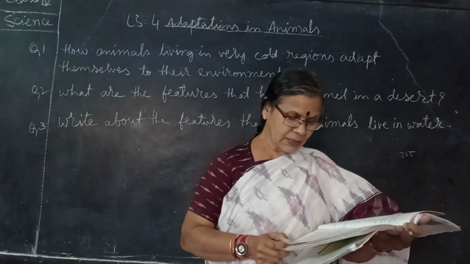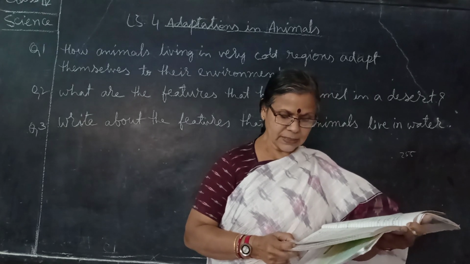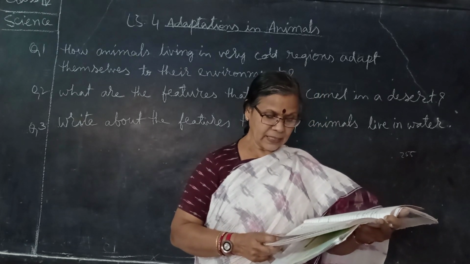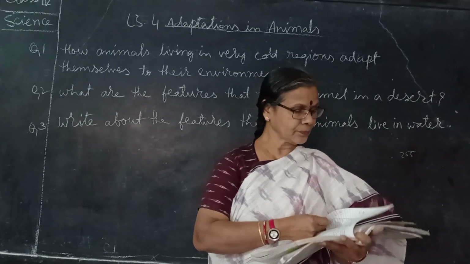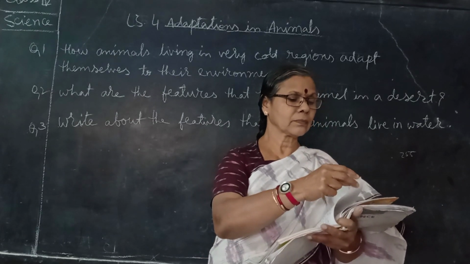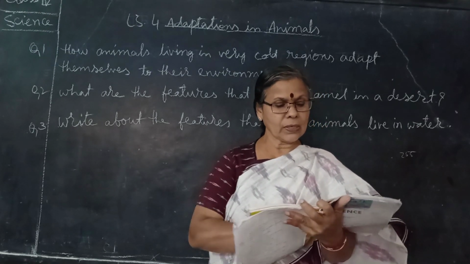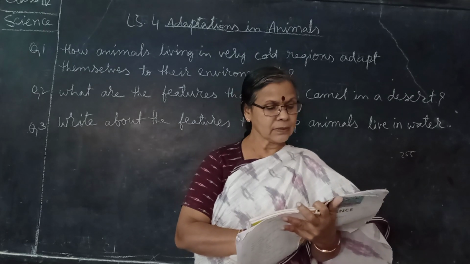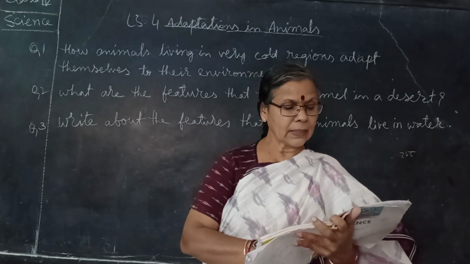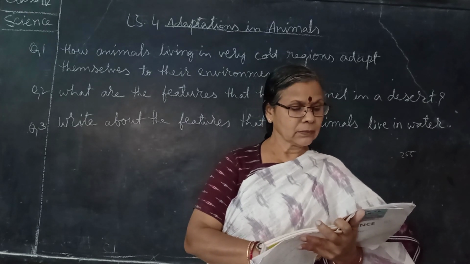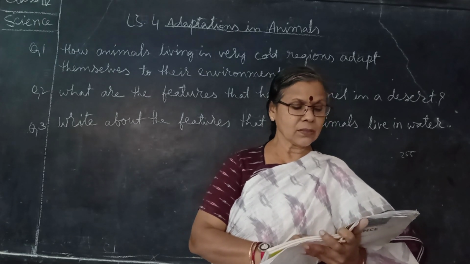Why are some animals in danger of becoming extinct? Some animals are in danger of becoming extinct because people hunt them for their needs. They cut down forests and destroy the habitats of animals.